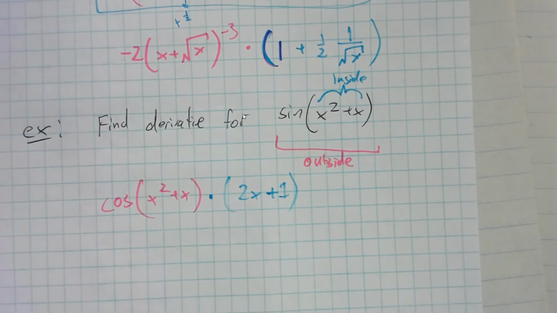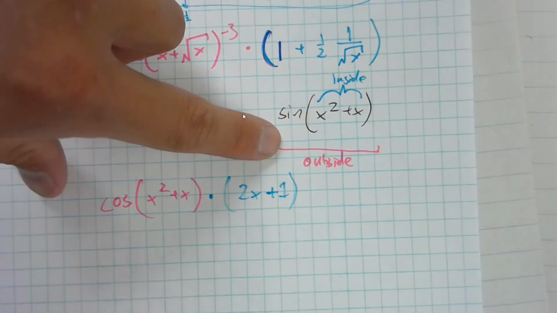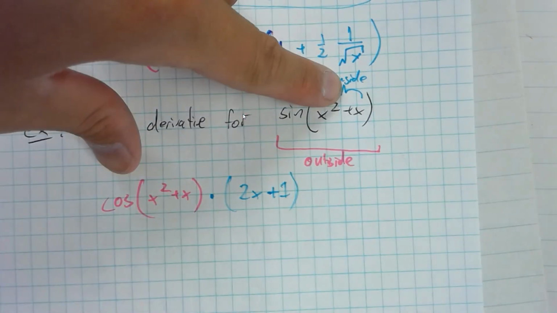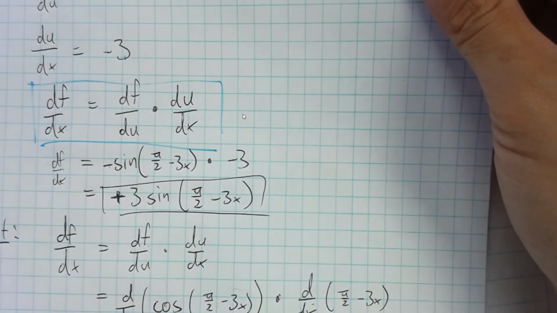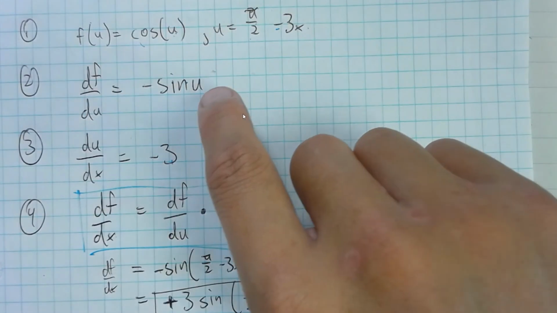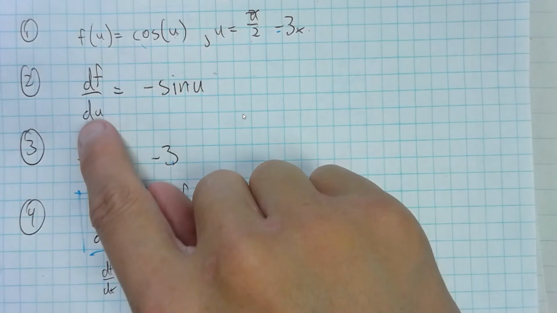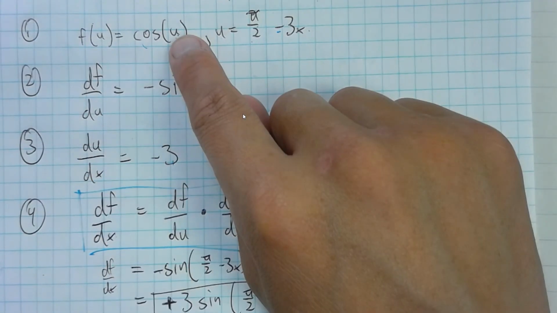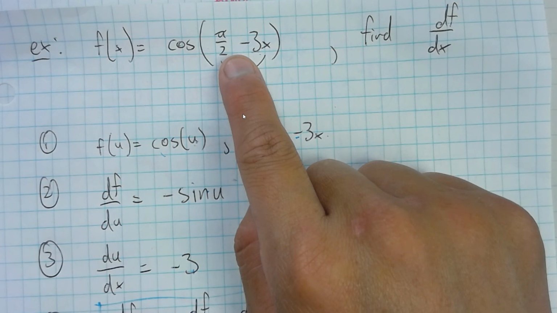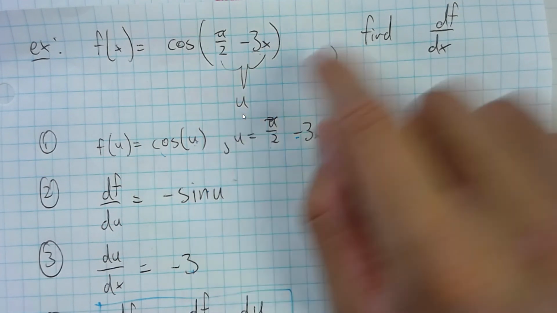Because in the book, they're not going to write out outside and inside for you. They just sometimes just do it. But if they write it out like this, it's a little bit easier to follow along. It's their way of basically saying, this is the derivative of the outside function, df/du. This is the derivative of the inside function. I defined my inside function as u. Okay, so it's basically saying the same thing.